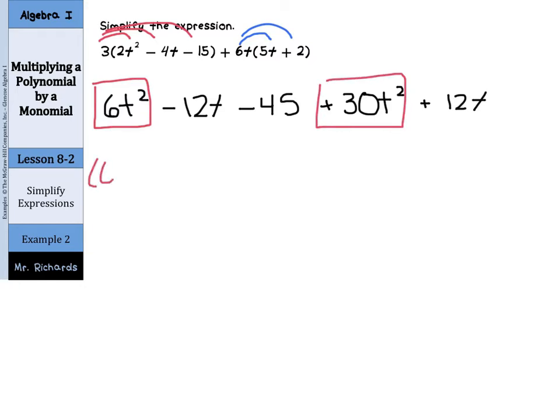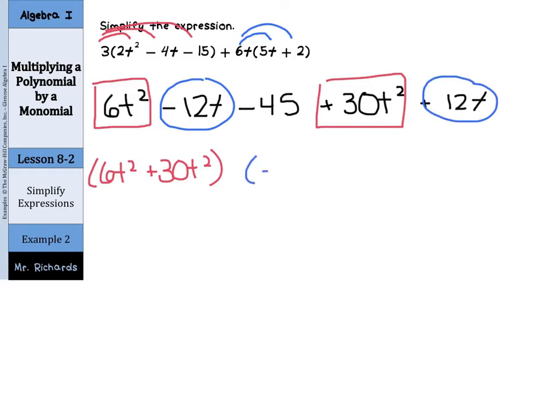And so we'll have 6t squared plus 30t squared. And now we have our first degree terms, our minus 12t and plus 12t. And then lastly, we have our one constant here, which is just a minus 45.